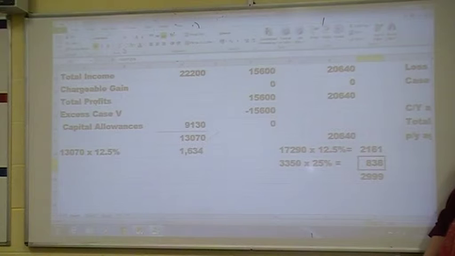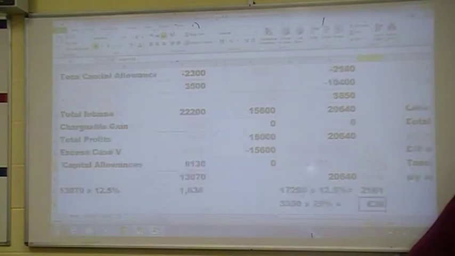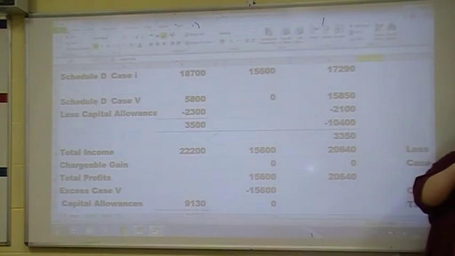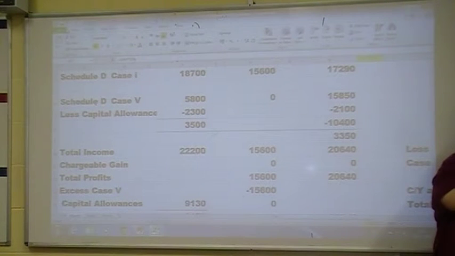So you couldn't put it against the case 1 figure at all. That's only allowed in a company; self-employed or PAYE workers with rental income can't carry back a case 5 loss. It's just a separate rule for companies. I don't know why. For capital allowances, no, they can't either.